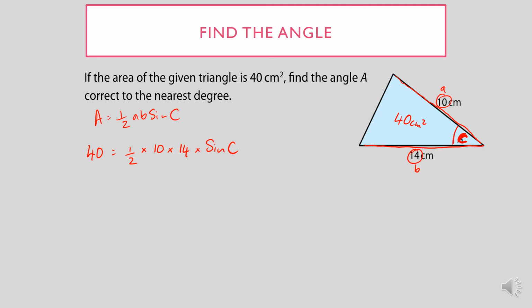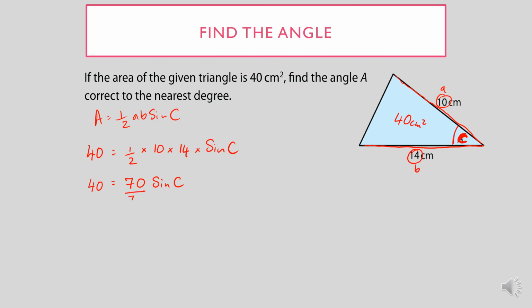You can see that the only unknown here is angle C, and we have an equation, so it should be solvable. Firstly, let's simplify some of the numbers. Multiplying the half by the 10 by the 14, you should get 70. And 70 times sine C is what we have on the right hand side. We're going to isolate the sine C next.